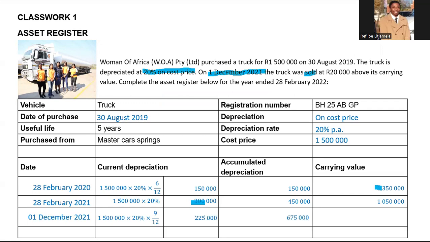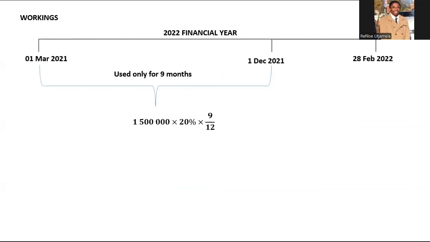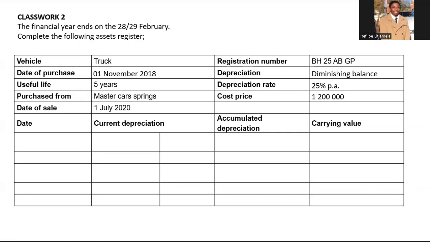Accumulated depreciation will go up to 675,000, and the carrying value will be 825,000, which is 1.5 million minus 675,000, or 1,500,000 minus 675,000. I've shown you all these workings here. Let us go to classwork 2.